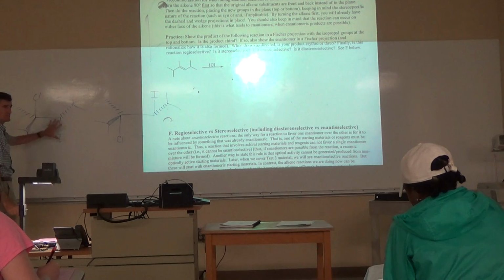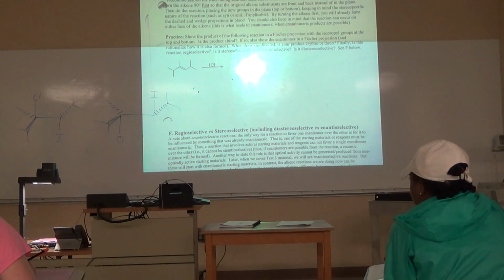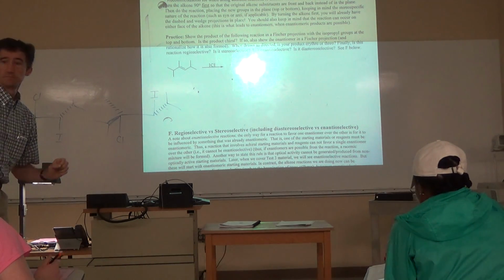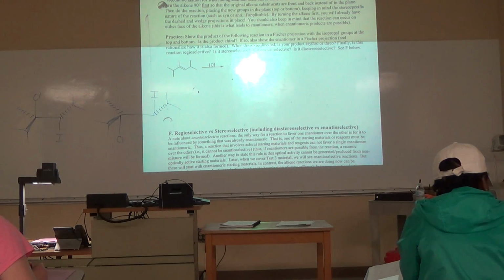Did we show the iodonium ions? I mean, this originally was back bonded, okay? Did we get to look at someone's notes from yesterday? I don't see an iodine. Oh, there it is. You're missing an arrow.